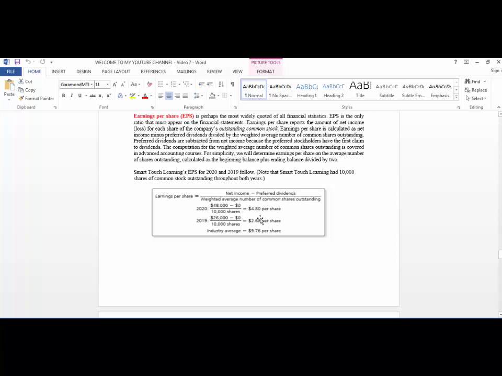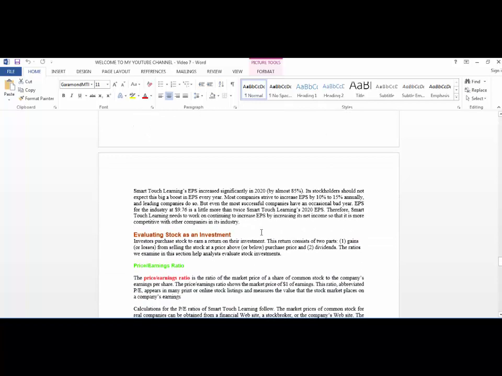We have calculated that in 2020 it is 4.80 and in 2019 it is 2. If we evaluate this data, the earnings per share increased in 2020, while in 2019 it had decreased to 2.60, but the industry average is 9.76 per share. What does it indicate? It means that stockholders should not expect this boost in EPS every year.